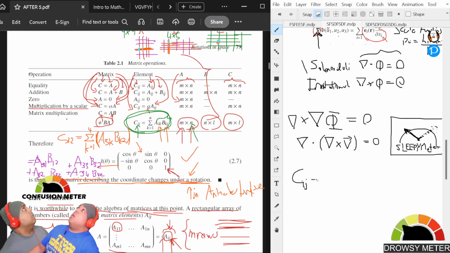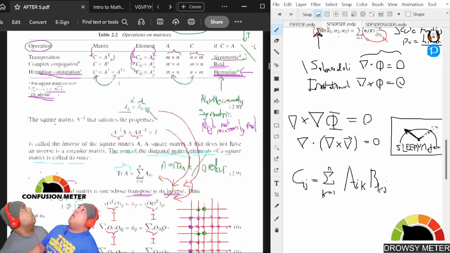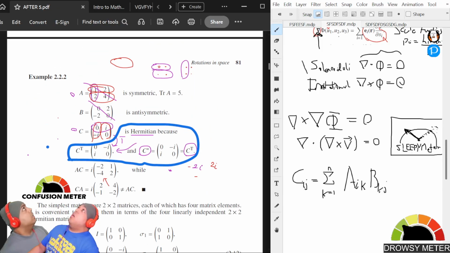C_ij equals summation k equals 1 to n of a_ik b_kj, right. Okay. C11 equals a1k bk1.